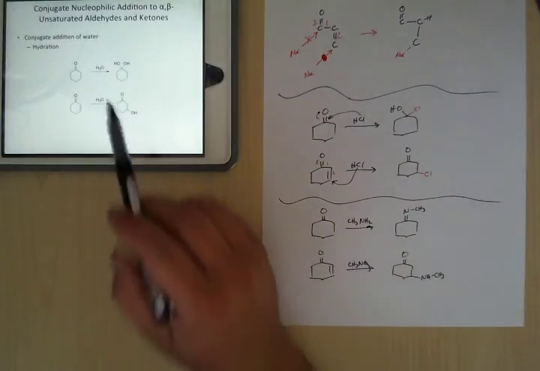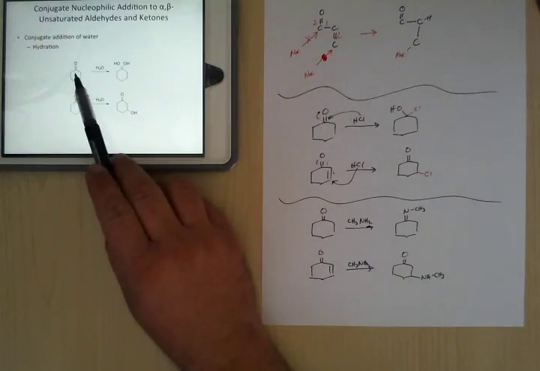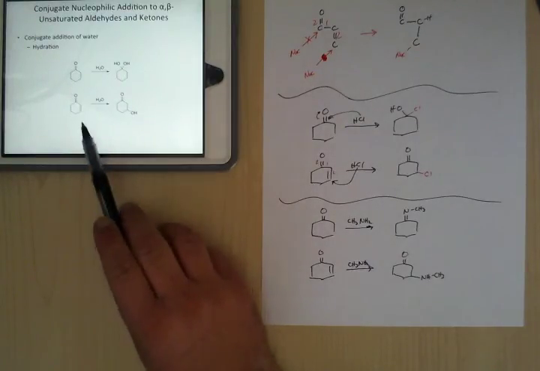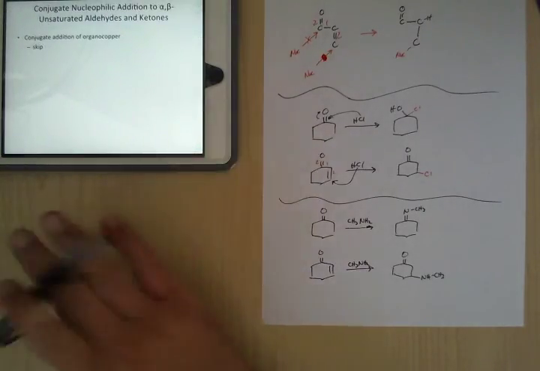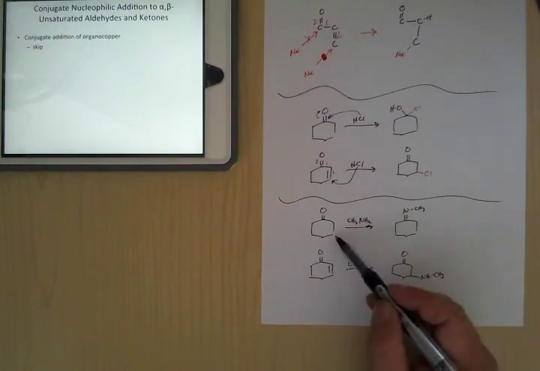Water, again, it's the same thing. If it's a regular ketone, it's going to go there. If it's a conjugated ketone, it's going to go down there. Now, organocopper, just go ahead and skip it, but it would put it there.